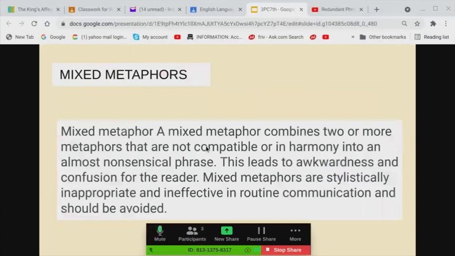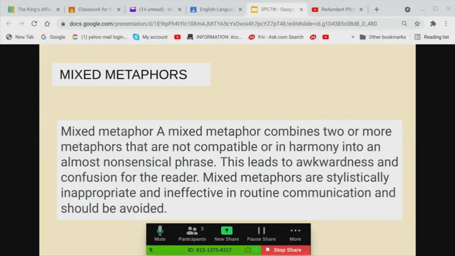All right, so we had done redundancies, we did cliches, and now it's mixed metaphor. Now, what exactly is a mixed metaphor? Well, a mixed metaphor is an expression that combines two or more metaphors in such a way that it doesn't make sense, and it can sound awkward or confusing.